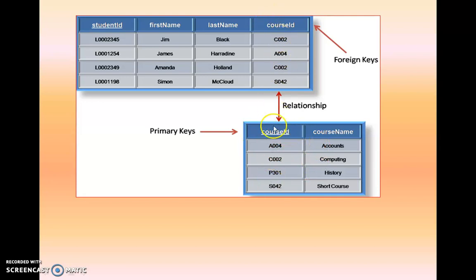Both the columns are the same in both tables. In this table, course ID is becoming a primary key, and in this student table, course ID is becoming a foreign key. Means a table where a foreign key is present is a child table, and a table where a primary key is present is a primary table.